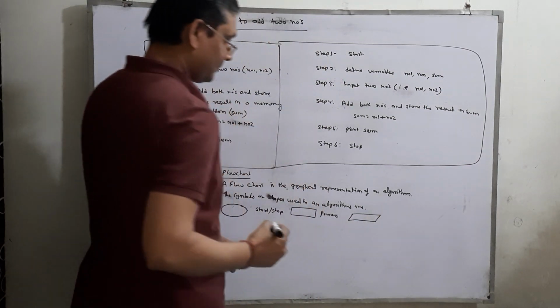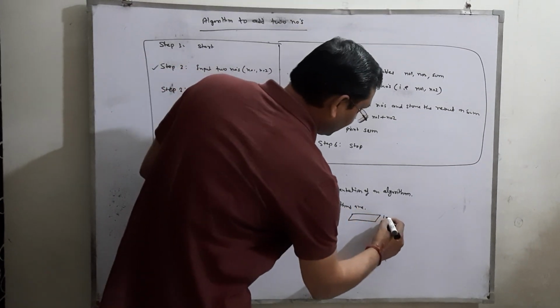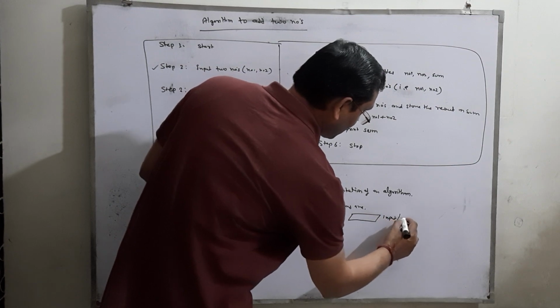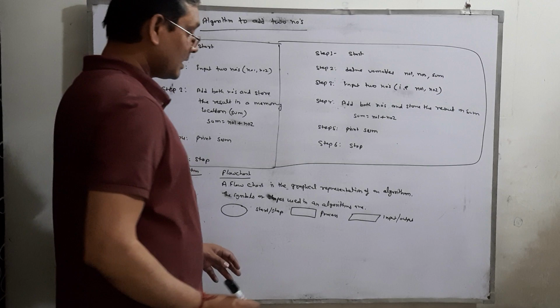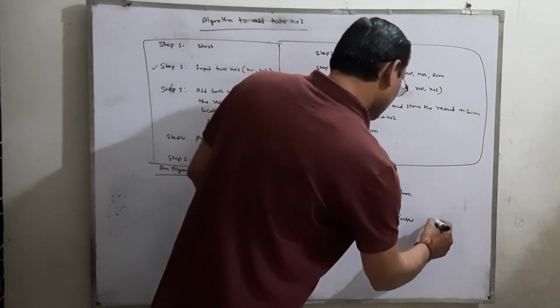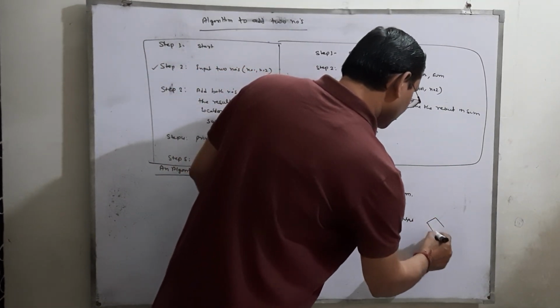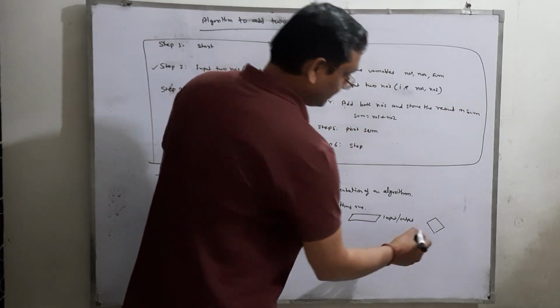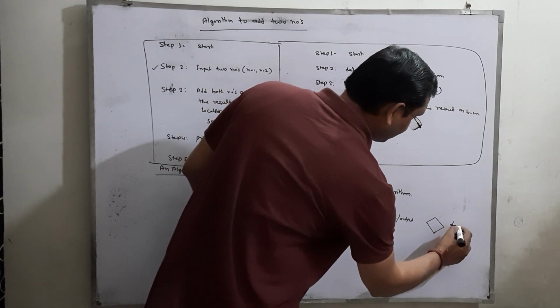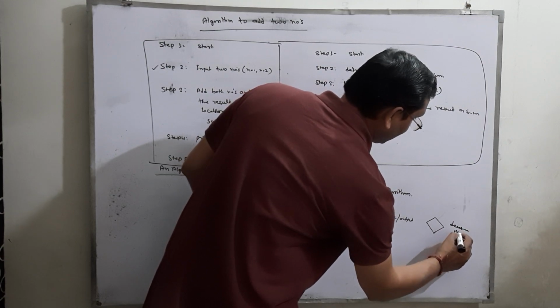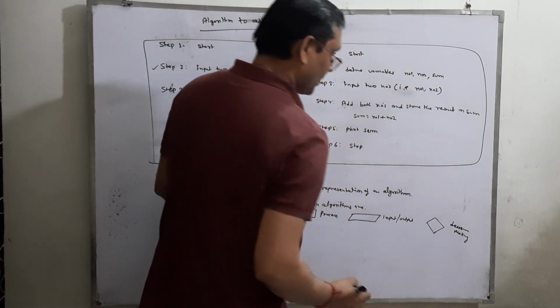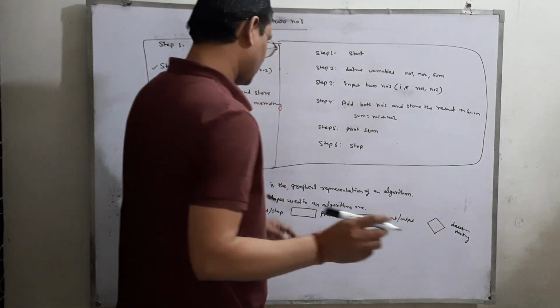Parallelogram, that is to input and output. Diamond, decision making or controlling also you can say.